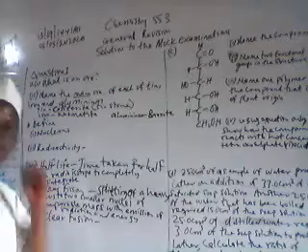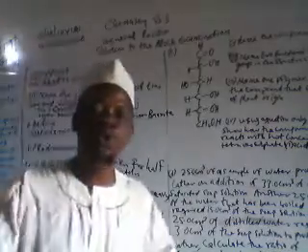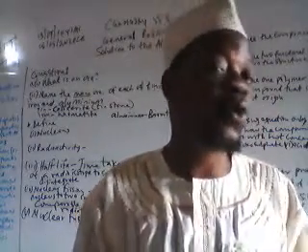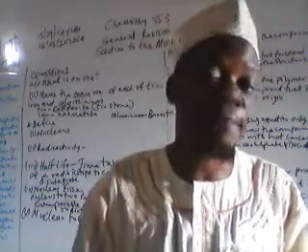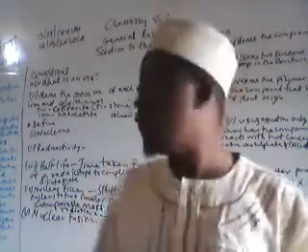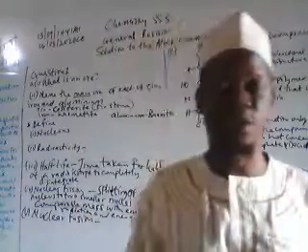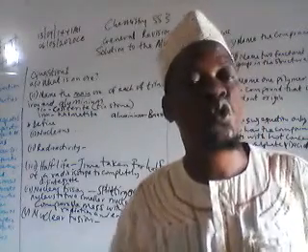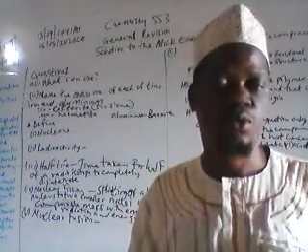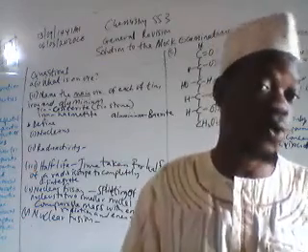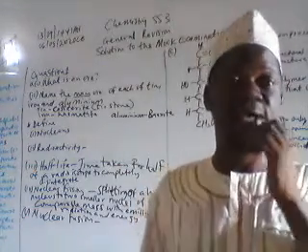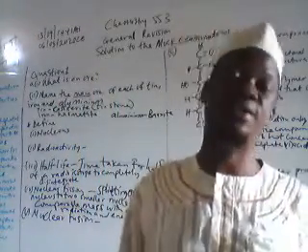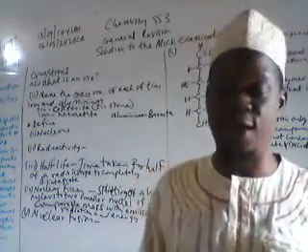Nuclear fusion means the process by which two smaller nuclei join together to form a larger nucleus with the emission of radiation and high amounts of energy. It is the direct opposite of nuclear fission. The process by which two smaller nuclei come together to form a heavier nucleus with the emission of radiation and energy. The reaction that takes place in the sun is actually a fusion reaction, and that is where the bulk of the energy that is required on the earth is generated.